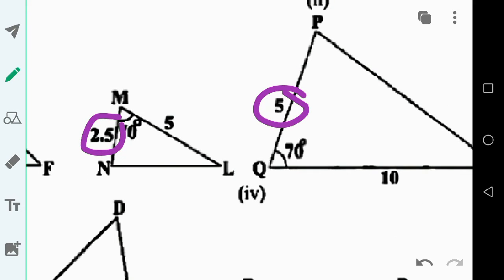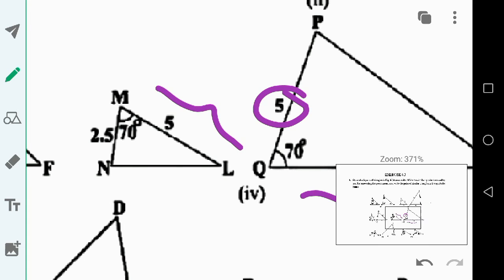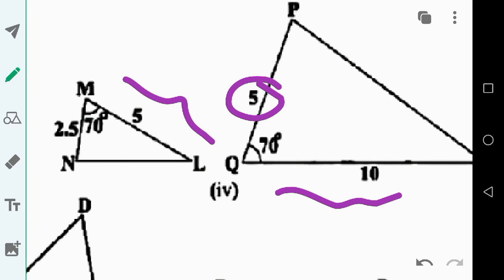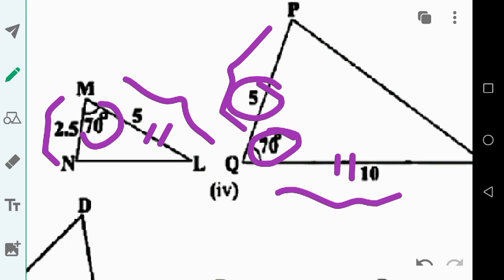Then ML by QR, that is 5/10, is also half, and the angle between these two sides whose ratios are equal, that means the ratio of ML and QR equal to the ratio of MN and PQ, and the angle between them are also equal. That's why according to side angle side, these two triangles are similar.